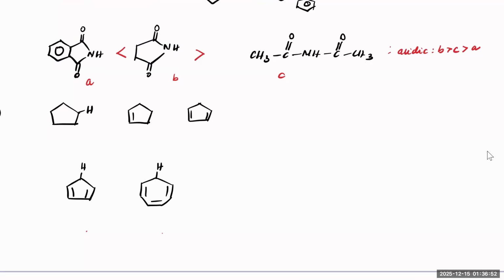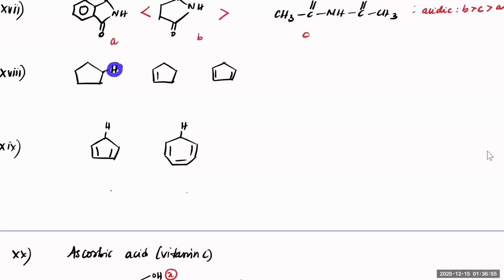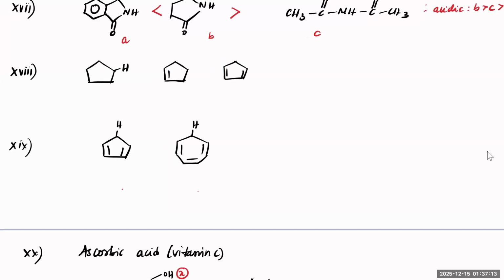Next one. If you notice, removing this H plus, you will get a minus charge that will be localized, while here the negative charge, which is the conjugate base, will be delocalized. And here the negative charge is so much delocalized that it will become a part of an aromatic system.